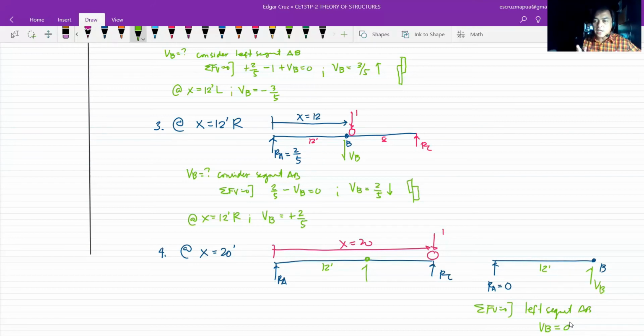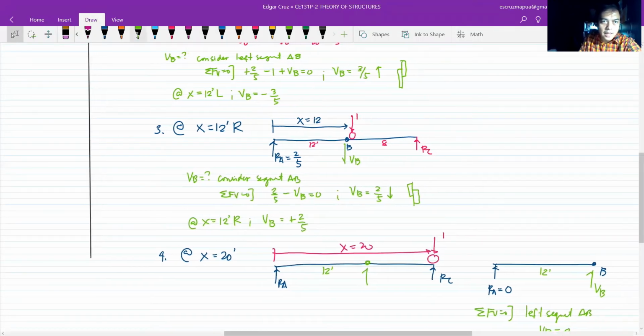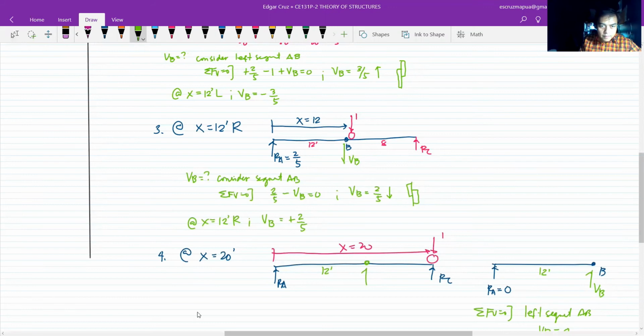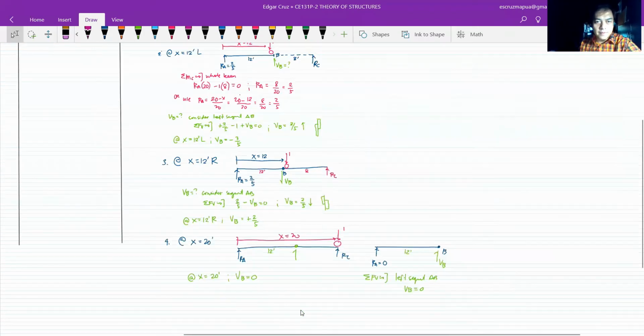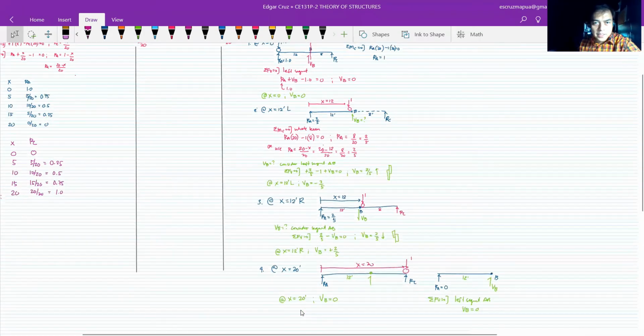So therefore, the shear at B would be just 0. Okay? So ibig sabihin, we can say that at x equals 20 feet, ang shear natin sa B equals 0. Okay, so that's it. So i-plot na natin yung mga points natin.